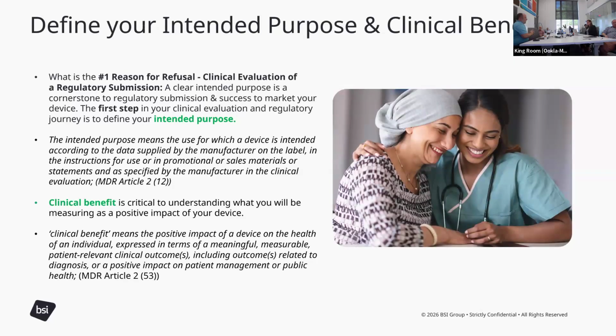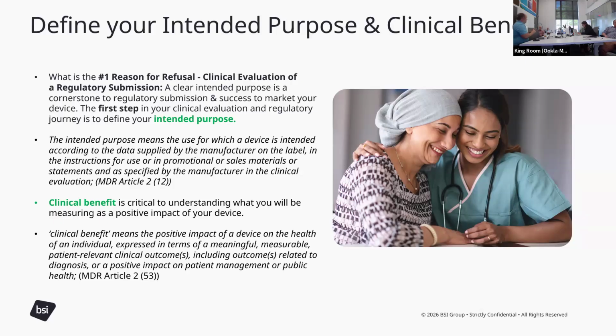So really the big issue that we see is very foundational: defining your intended purpose for your device. So it's really, what is your device going to do? The classical example of this is hernia mesh, where hernia mesh is used to bridge soft tissue.